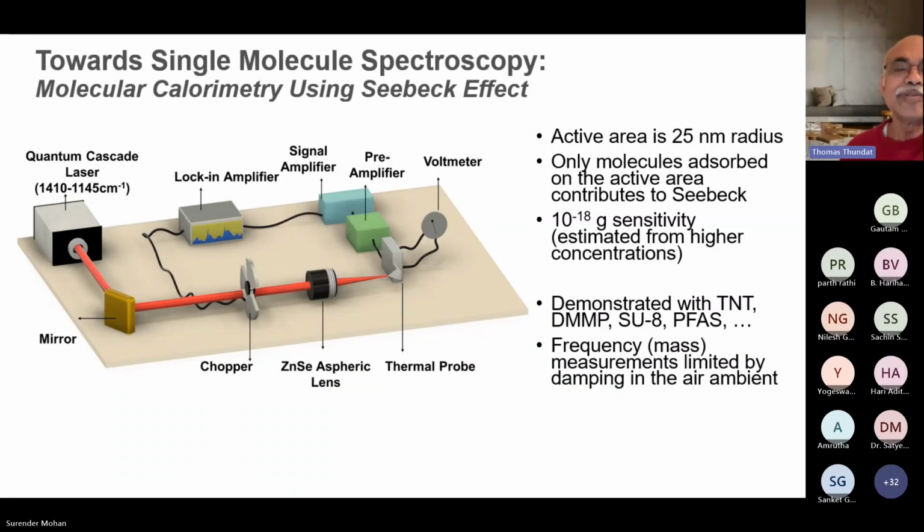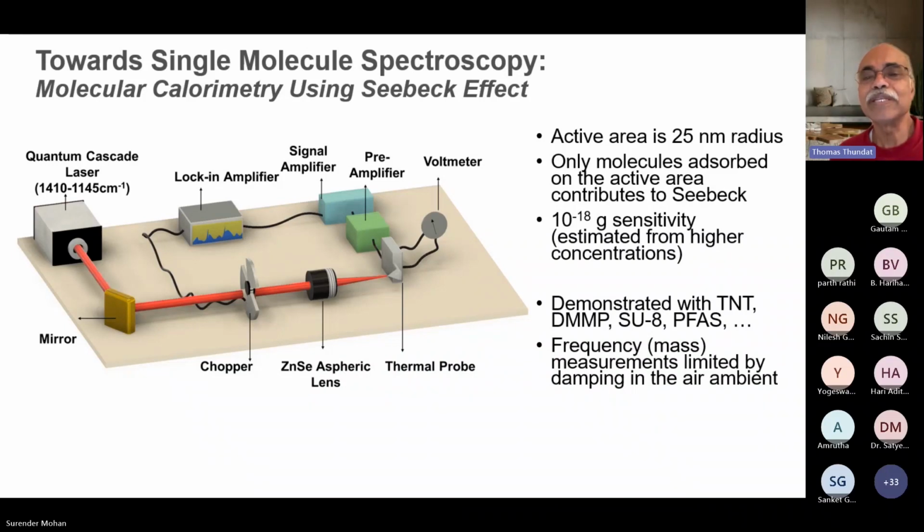And then you chop this infrared light, and expose the cantilever with material on it to this light. There's a preamplifier because we have very small voltage induced, and then we use a lock-in amplifier to reduce further noise by chopping it. Use a chopper of certain rate.